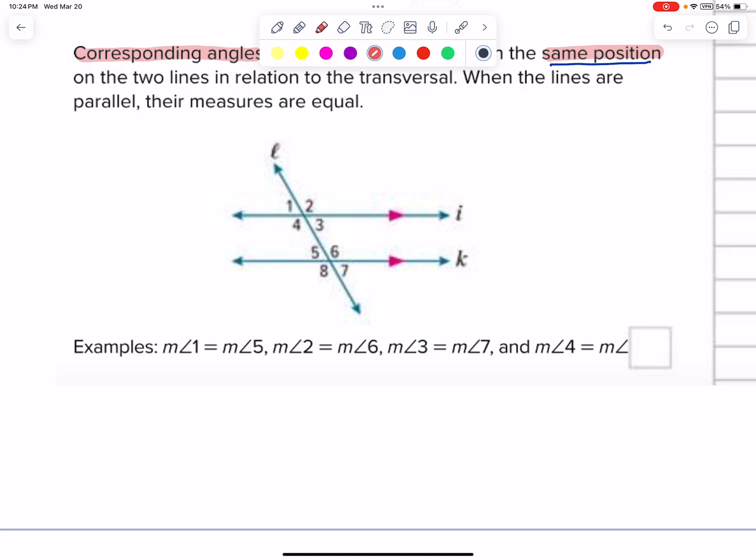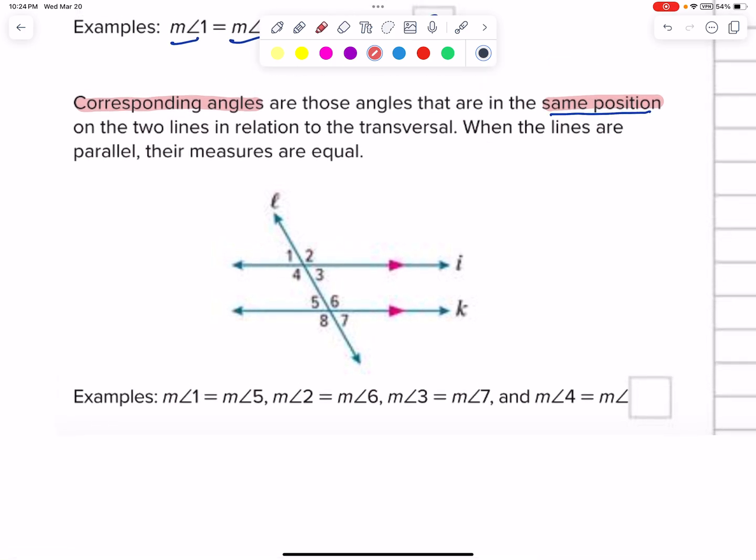And so let's take a look at some corresponding angles. If I said, what's corresponding with number 1, then we're going to look at what is in the same spot as number 1, in the same relative position to the transversal.